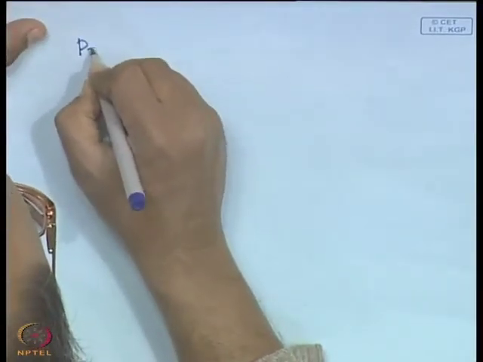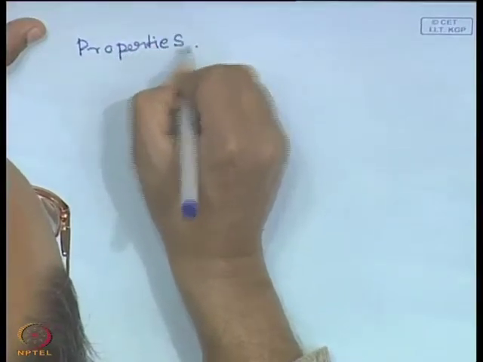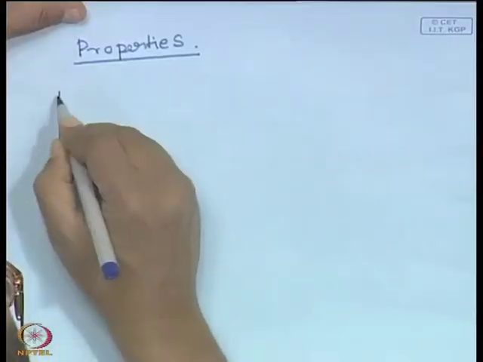Let me draw the picture again; we are drawing the same picture quite a few times. These are properties of the black body radiation that can be derived purely from thermodynamic considerations. So, this is a black body cavity, let me draw it again.